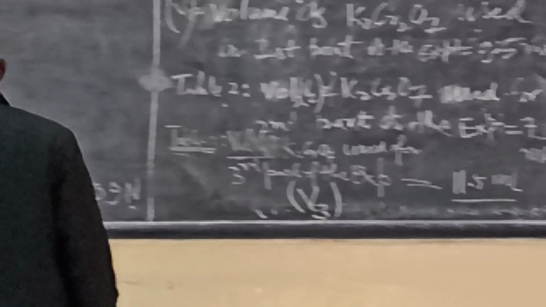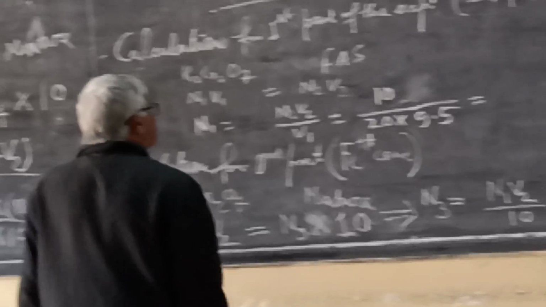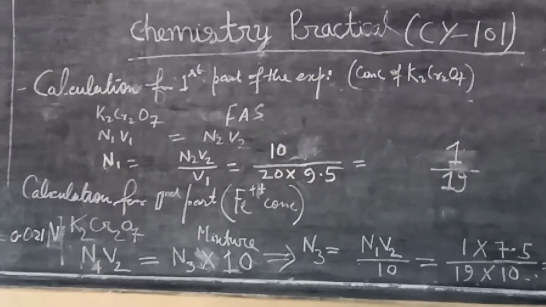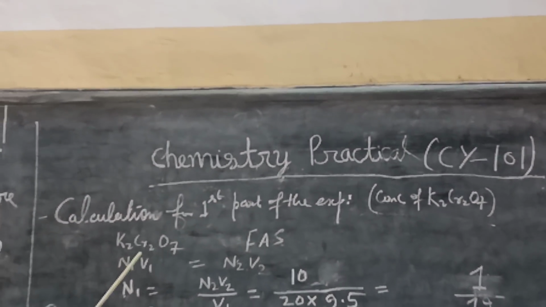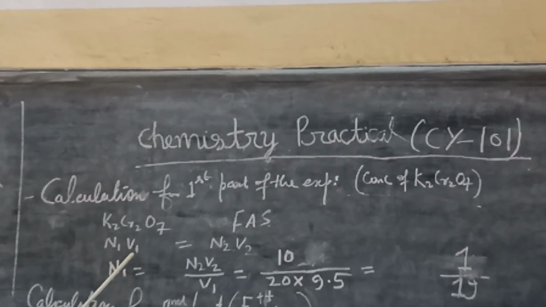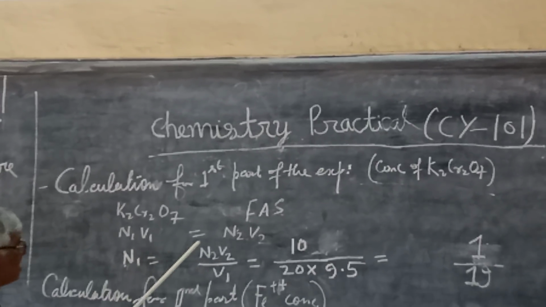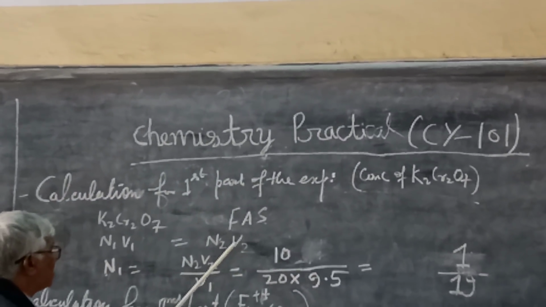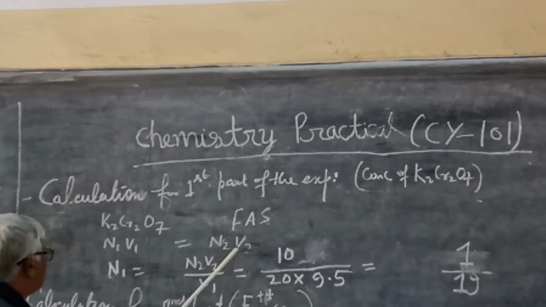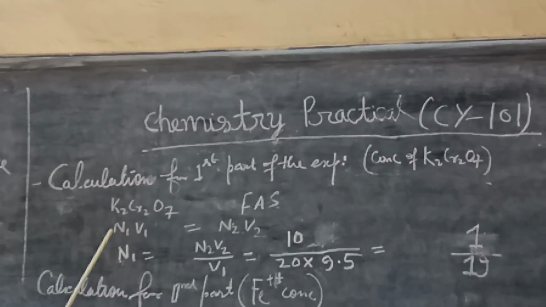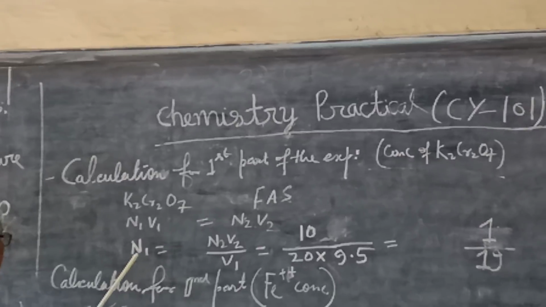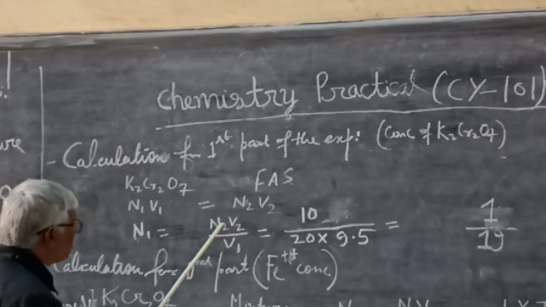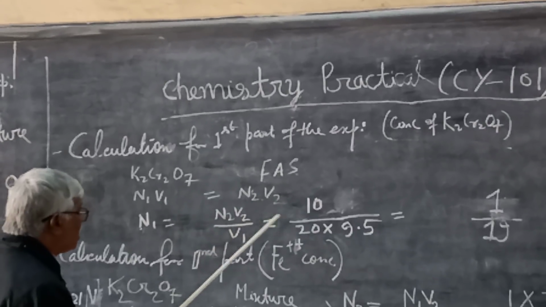So how do we calculate this? First, the calculation for the first part, the standardization of K2Cr2O7. Suppose the normality of K2Cr2O7 is N1 and the volume used is V1, and the ferrous ammonium sulfate normality is N2, which is 1 by 20, and its volume V2 is 10 ml.